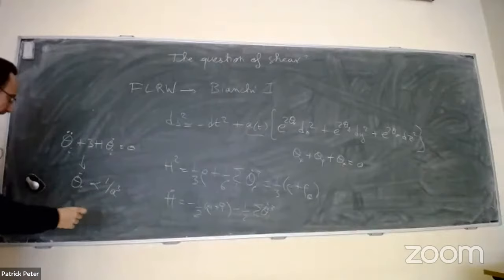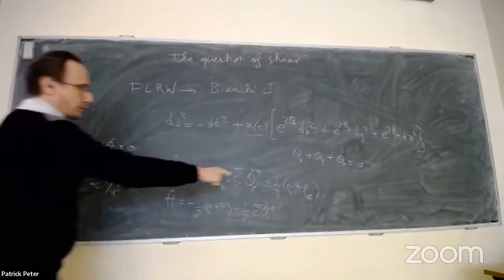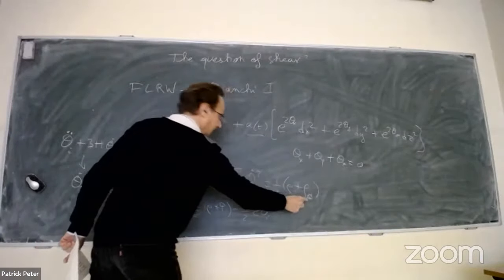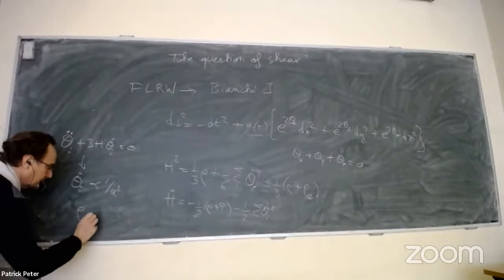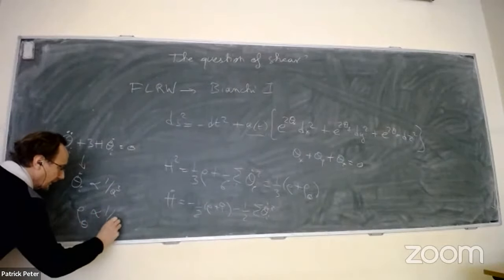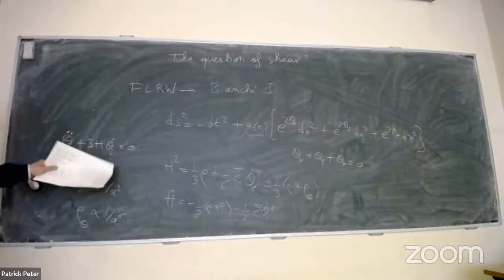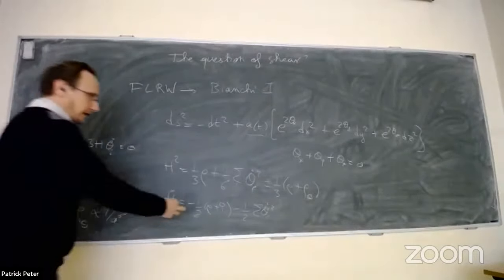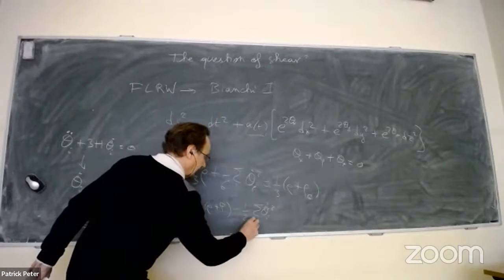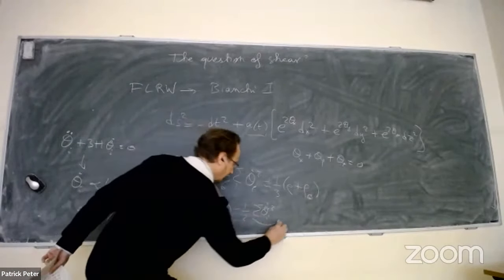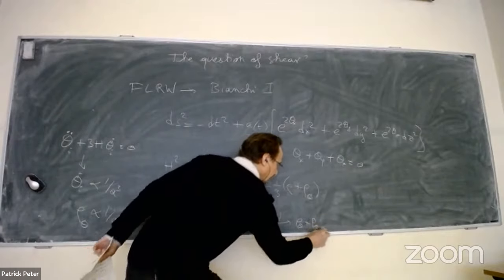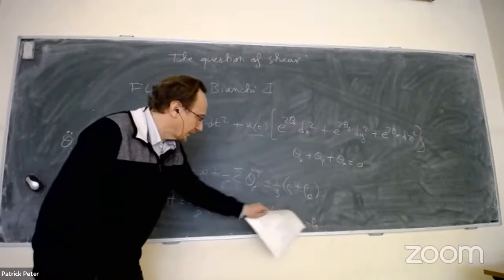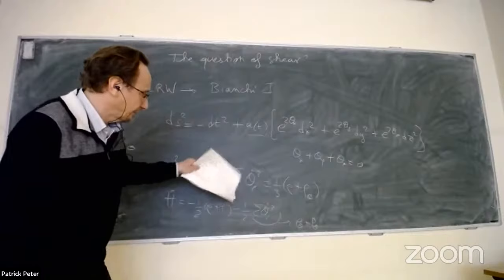And that gives you that, therefore, what I called rho theta, which was 1/2 of the sum of that, is proportional to 1 over a to the 6. Or you say that this thing is minus 1/2 of rho theta plus p theta, which is telling you that rho theta equals p theta. It's the same thing.